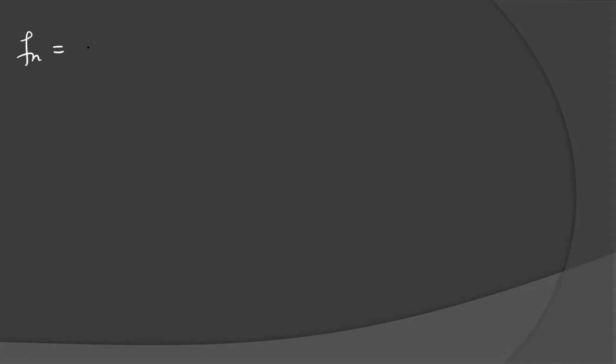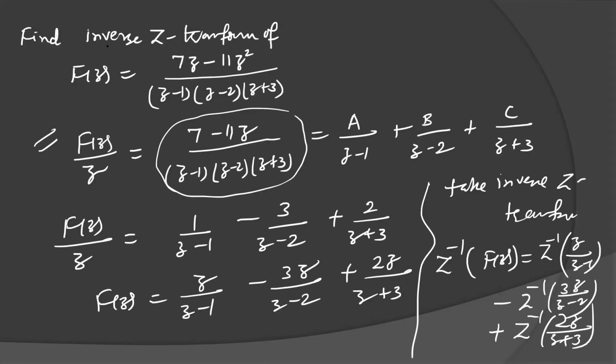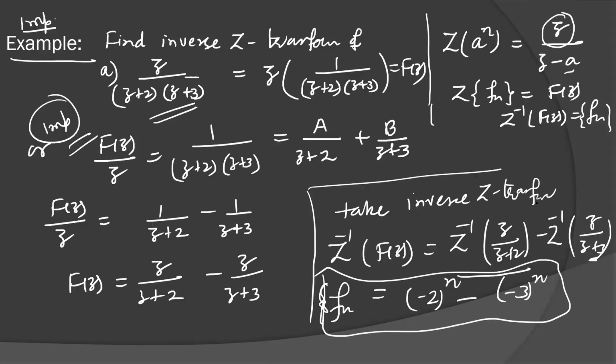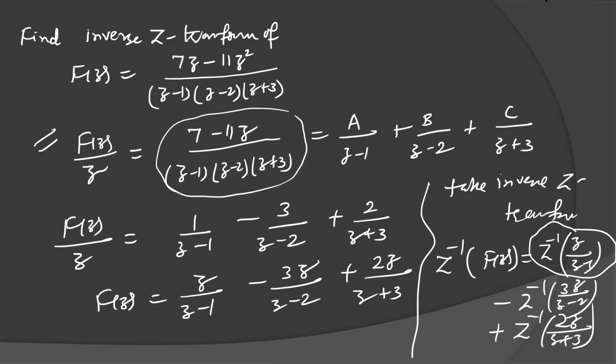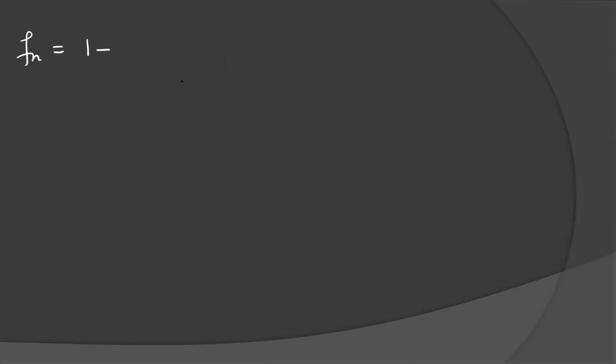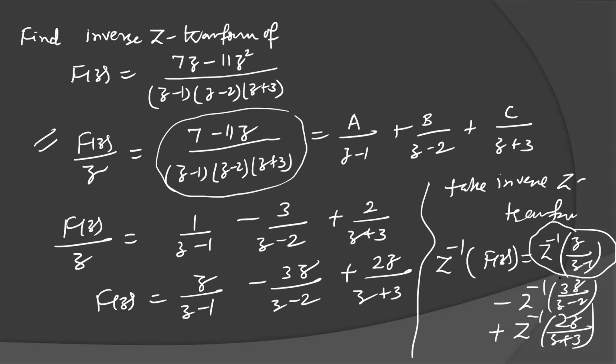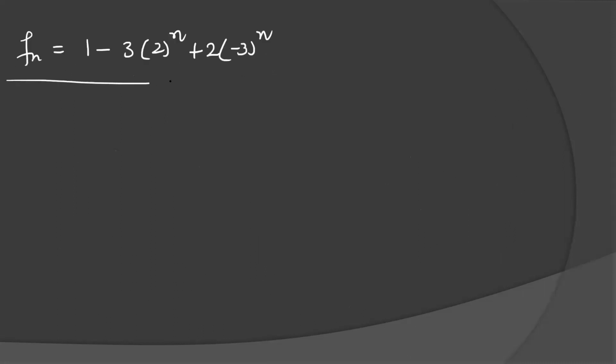So f(n) will be 1, since this is the Z transformation of a to the power n, where a is 1 here and 1 to the power n is 1 only. So it will become 1 minus 3 times 2 to the power n plus 2 times minus 3 to the power n, where a is 2 in one case and minus 3 in the other. So this is the solution of this problem.